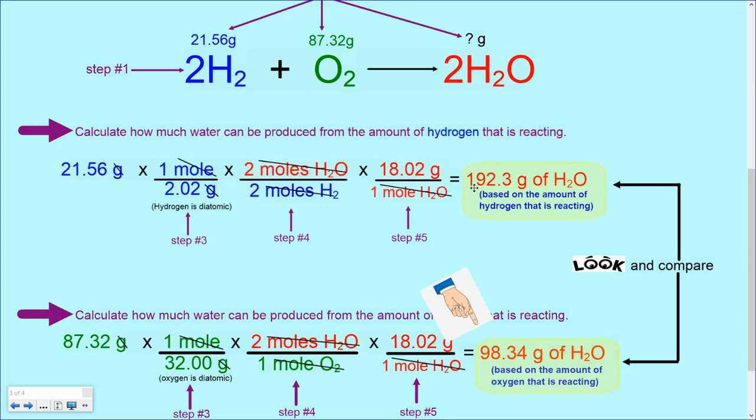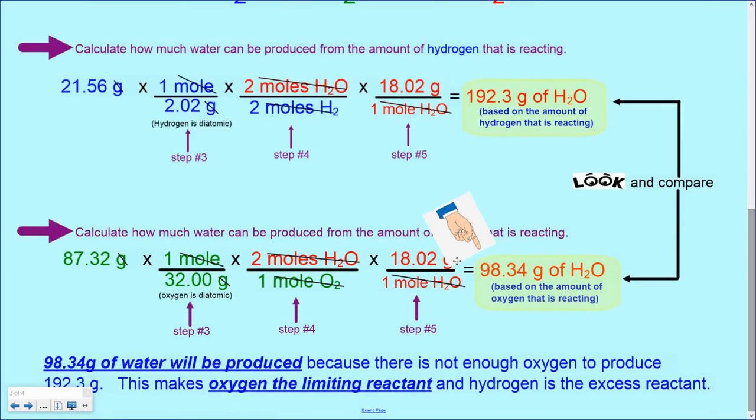So this value, 192.3, really doesn't ever exist. It's a theoretical calculation telling us how much water we can produce based on the amount of hydrogen. But this is never going to happen because we're going to run out of oxygen. We have enough oxygen to make 98.34 grams.